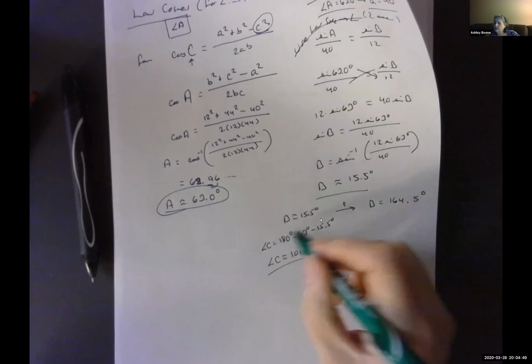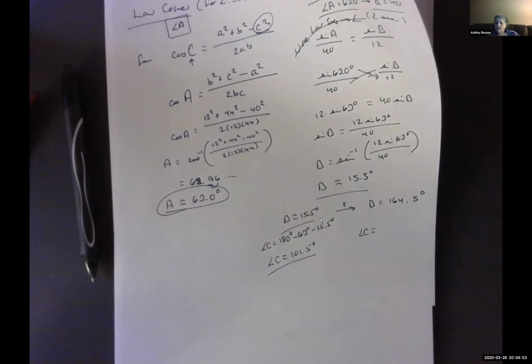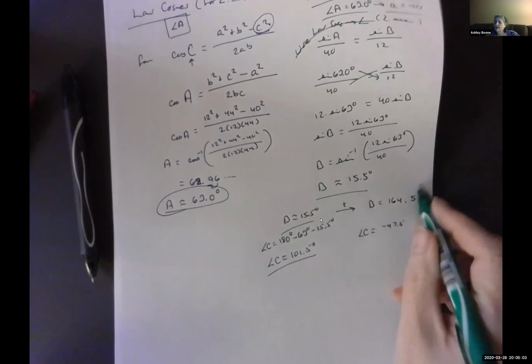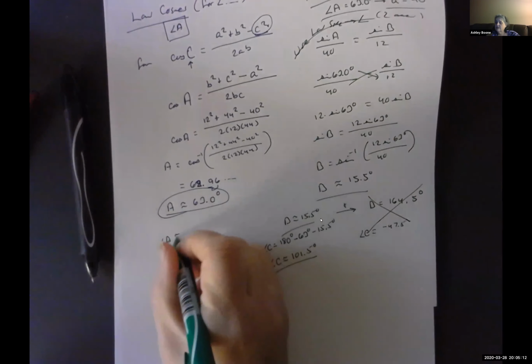Or angle C would be 180 minus 164.5 minus 63. Whoops, that's negative. That can't happen.